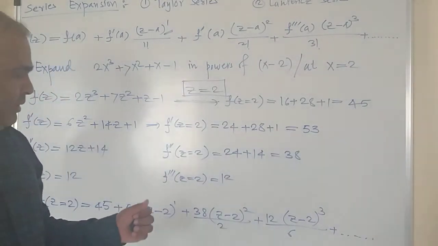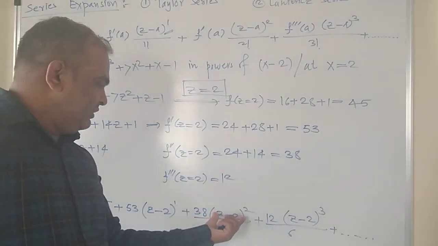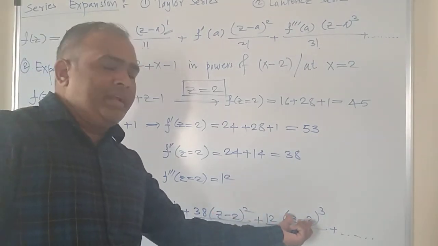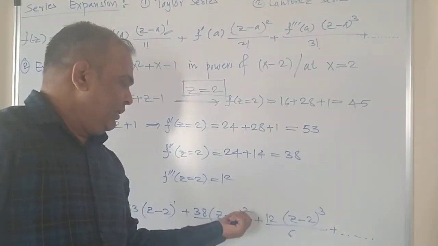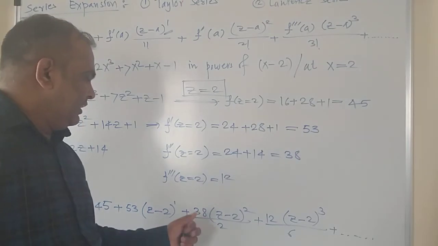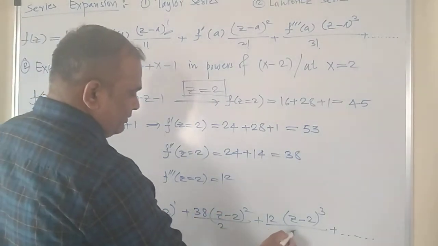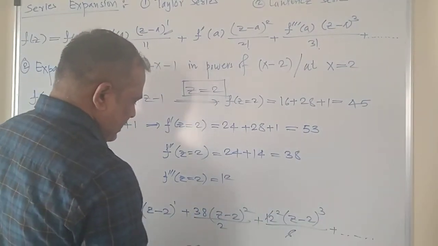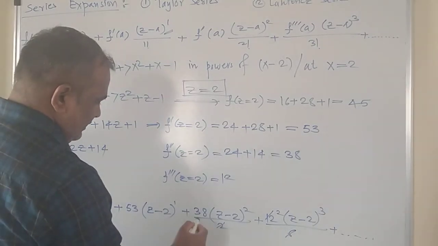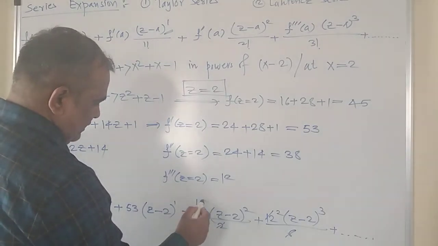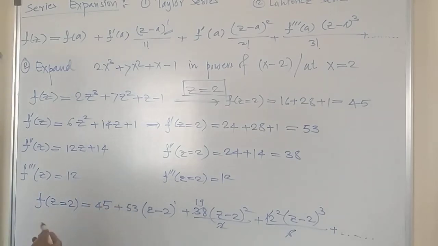Now please remember one thing, do not expand this z minus 2 bracket squared and z minus 2 bracket cubed. We have this formula, but do not expand this, keep it as it is, just simplify. Here you will get 2 and here you will get 19, the rest of the terms are there only. Got it?